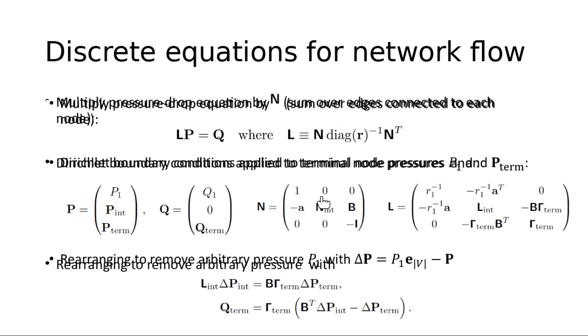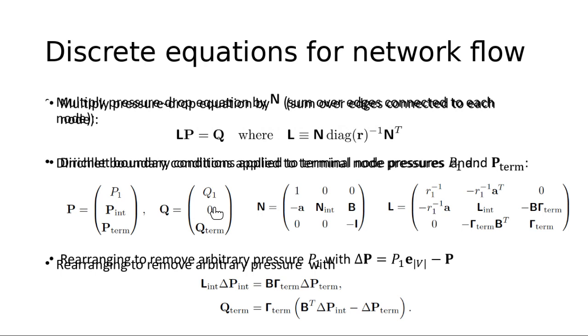And if you then apply some boundary conditions to those terminal nodes, in this case, Dirichlet boundary conditions, then it can be split into three parts: your pressure on your entrance node, your pressure on your internal nodes, and your pressure on your terminal nodes. There's a flux in at the mouth, there's a flux out that goes into the alveoli, and then in the middle, flux has to be conserved on these nodes.